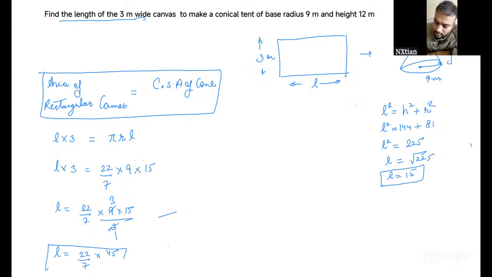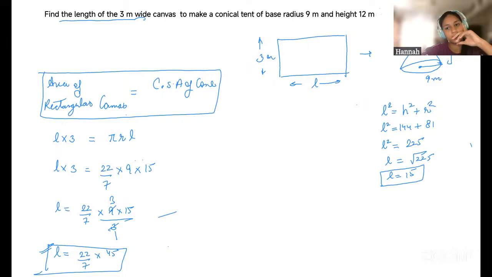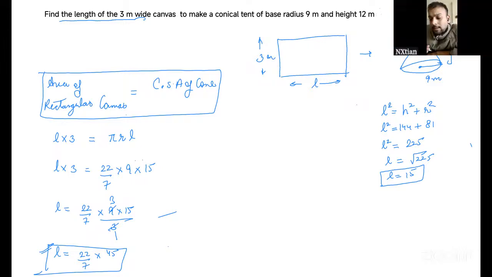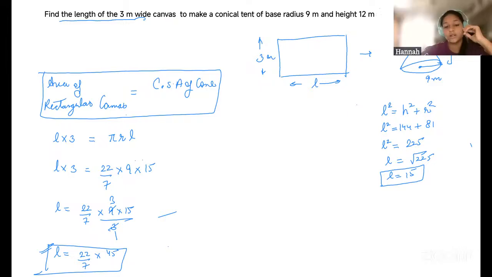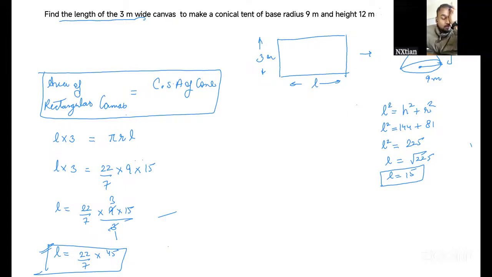When you solve it, you will get the answer. You can use pi as 3.14 if you want. In the question they said to use 3.14, so then you can use 3.14 directly.